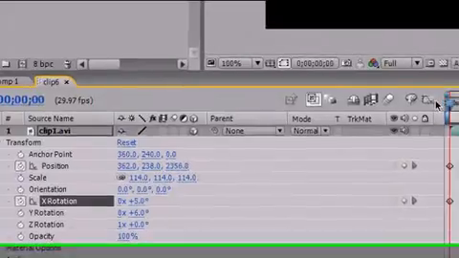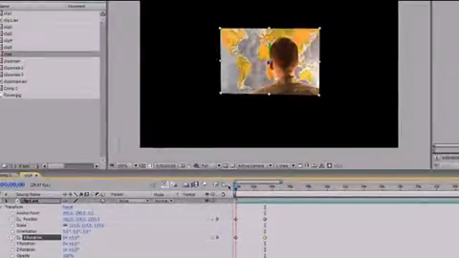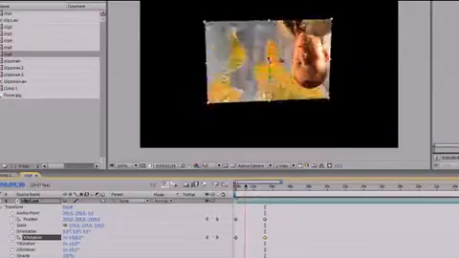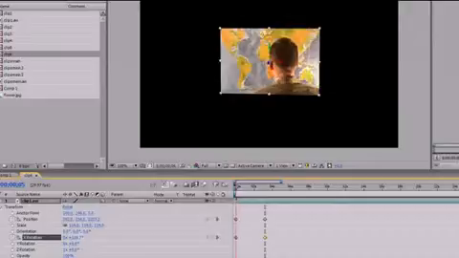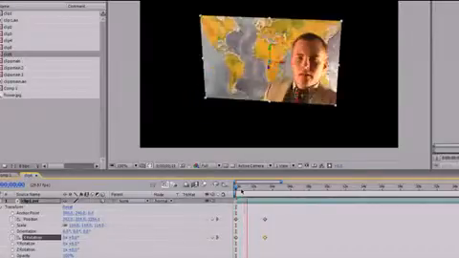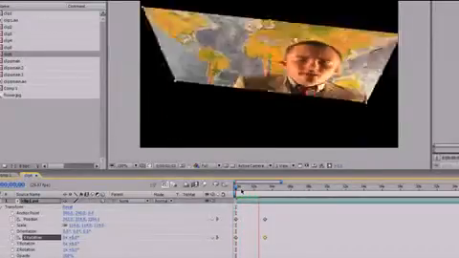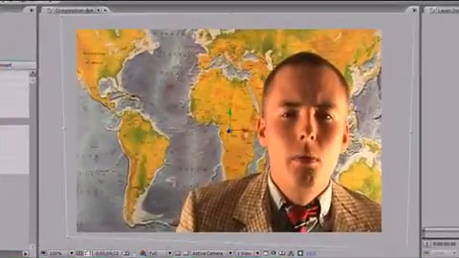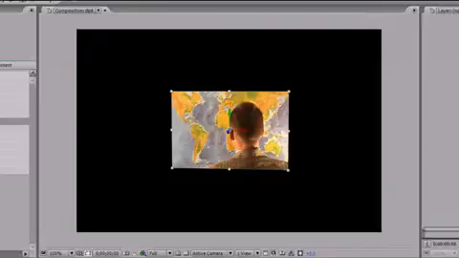So now once we play our animation, it's not only going to be getting closer to us, but it's also going to be flipping over the y-axis. Such as that, and it's spinning a little bit over the y-axis because I was playing around with it right here. But now if we go ahead and look at our animation, you can see we now have turned our 2D image into a 3D effect, and this is a cool effect that you can use, and it's a neat little enhancement in After Effects.